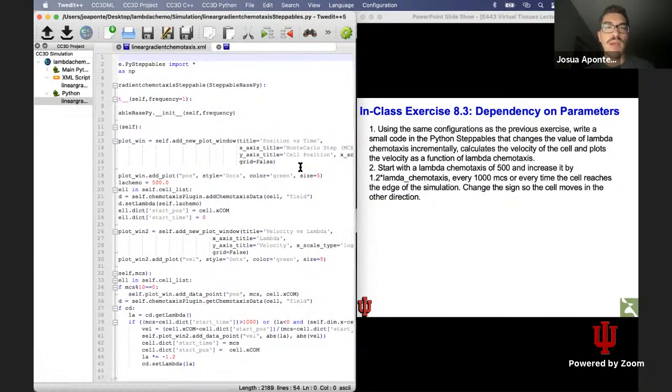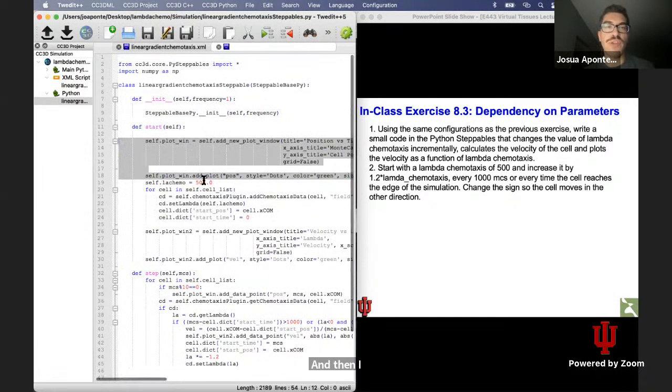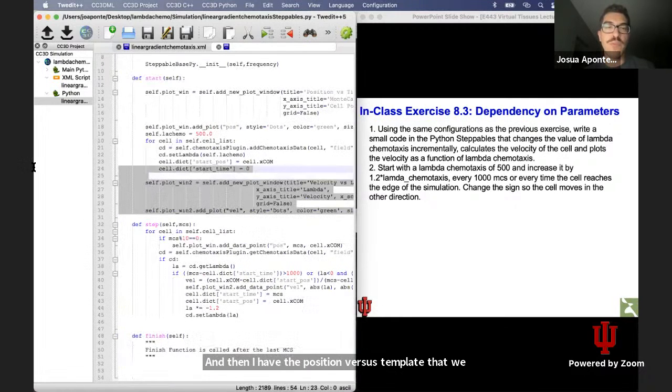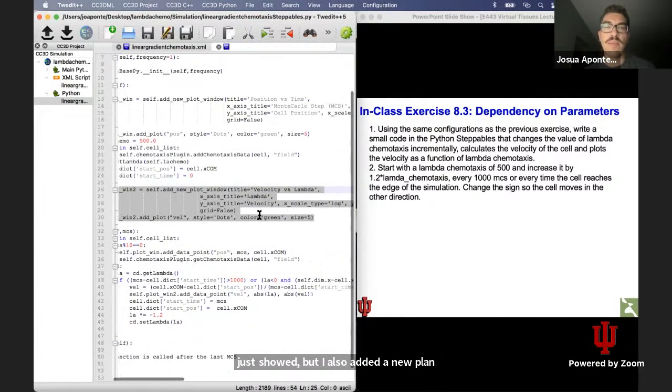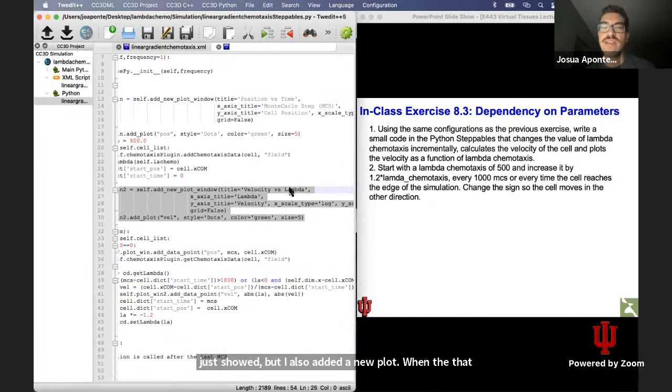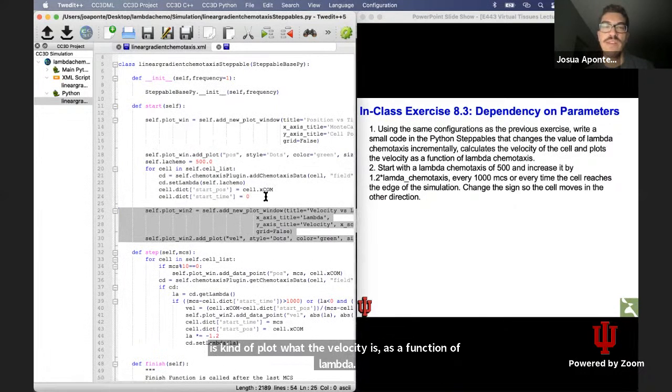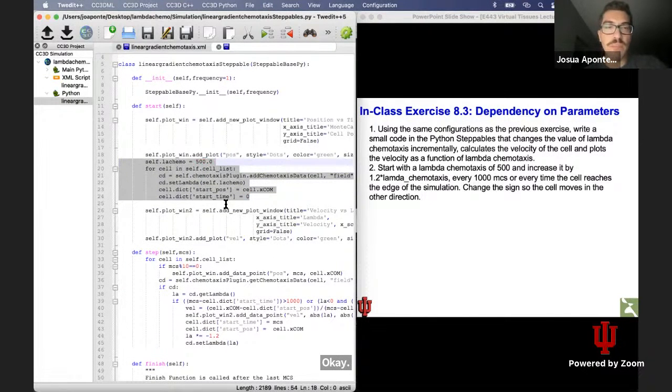And then I have the position versus time plot that we just showed, but I also added a new plot window that is going to plot the velocity as a function of lambda. Okay, that's nothing terribly new there, but here is the important part.